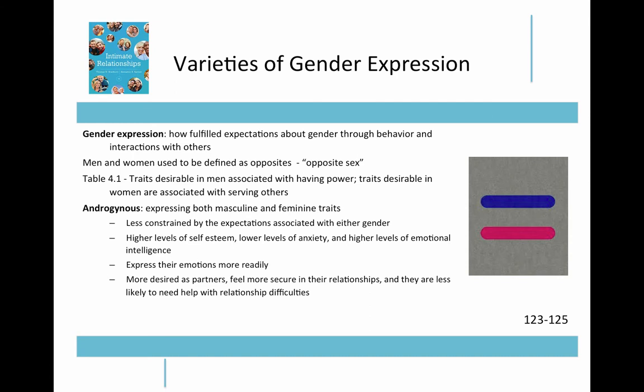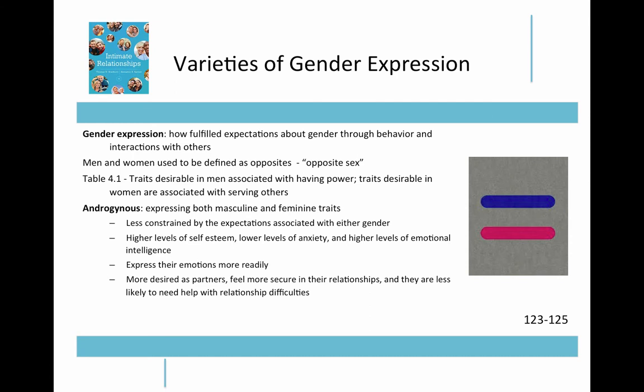Men and women used to be defined as opposites. And so you used to hear about the opposite sex, or the weaker sex, or the fairer sex. Table 4.1 lists a number of traits which some people who were surveyed said were desirable in men, such as having power.